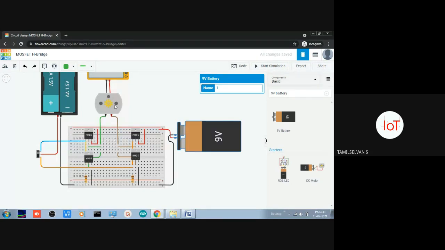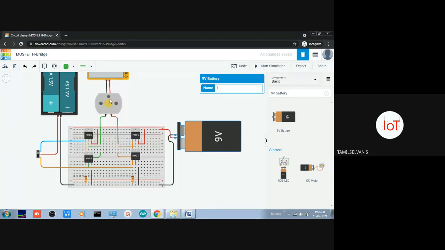As I said before, this DC motor requires at least 9 voltage or above. If I use 12 voltage, the rotation of this motor is very, very fast, so I cannot display whether it is rotating in the forward or reverse direction. That's why I used 9 voltage here. But if you wish, you can use 12 voltage as well.